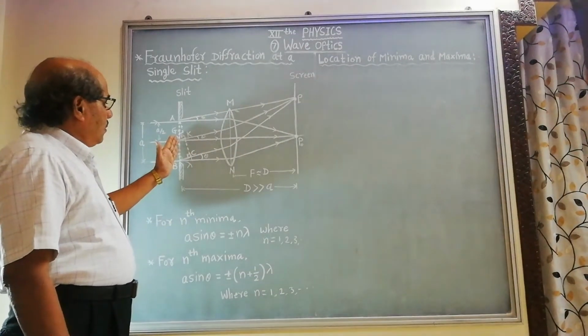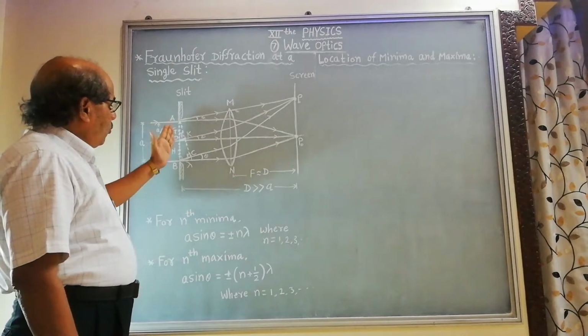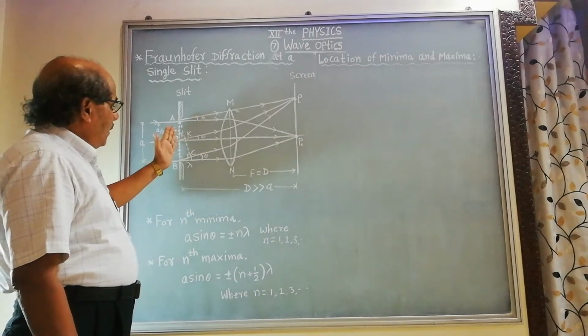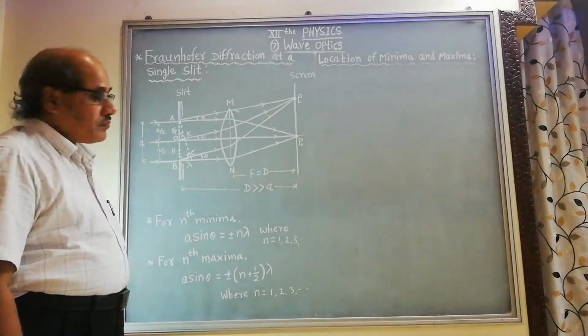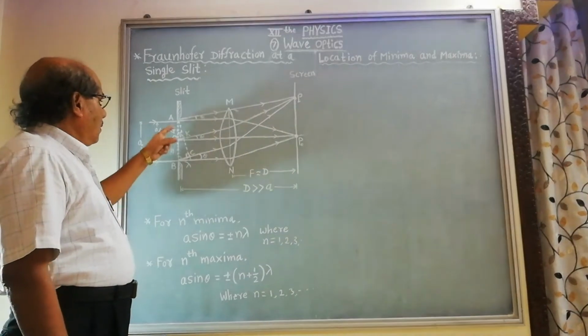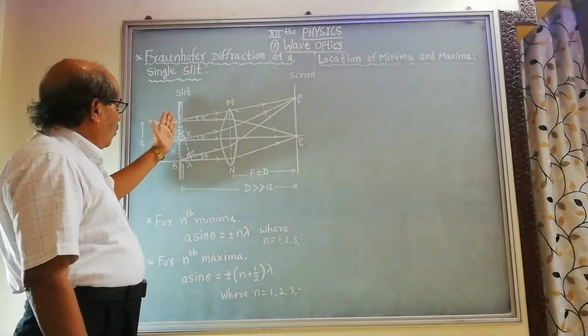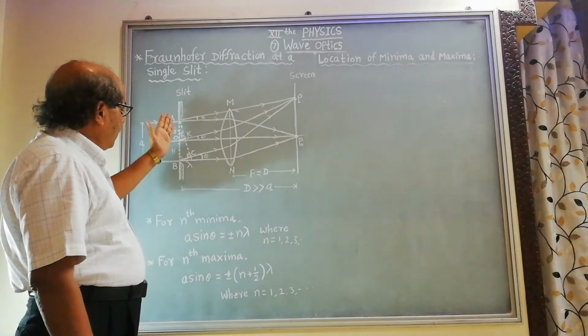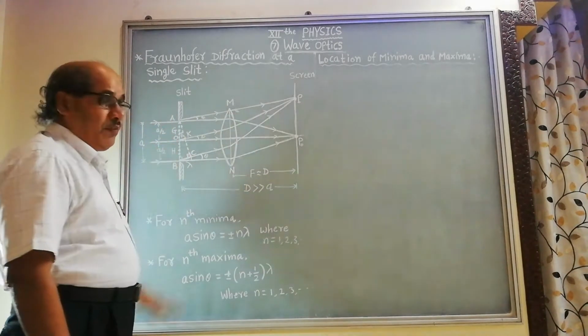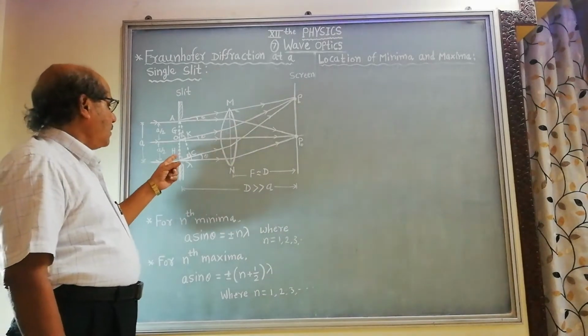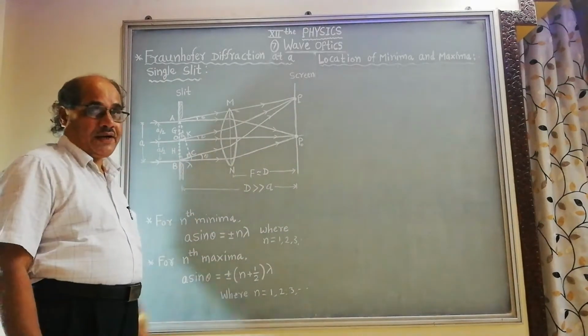Then, according to the wave theory of light, each and every point on the slit AB acts as a secondary source of light.